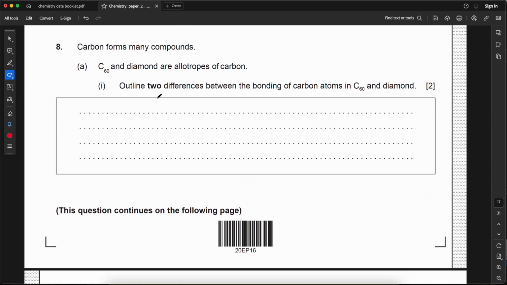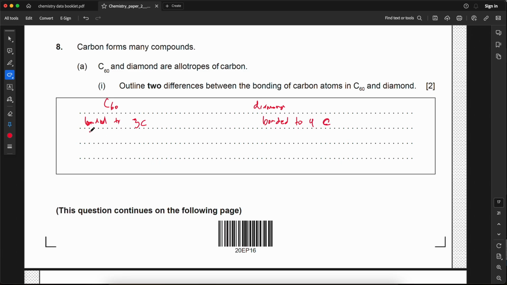C60 and diamond are allotropes of carbon. Outline two differences between the bonding of carbon atoms in C60 and diamond. Okay, in C60 each carbon is bonded to 3 carbons. In diamond each is bonded to 4 carbon atoms.